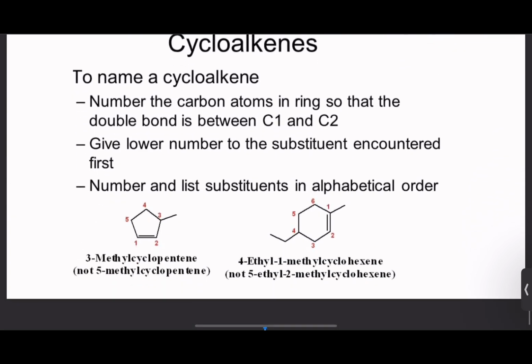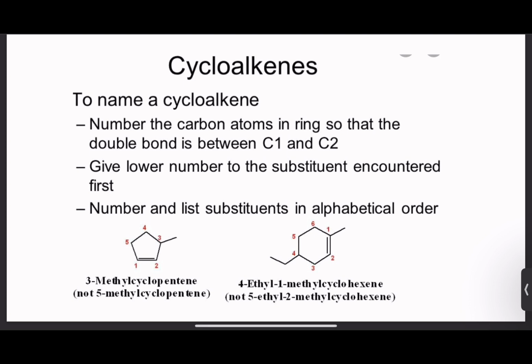And the last rule for cycloalkanes, this is an important one for your exam, I believe. So in this case, do you remember we covered cycloalkanes, right? But this time I have a cycloalkene. That means I need to have a double bond, or I can have a cyclopentene.